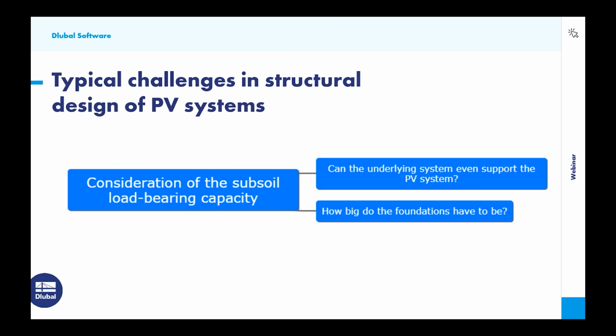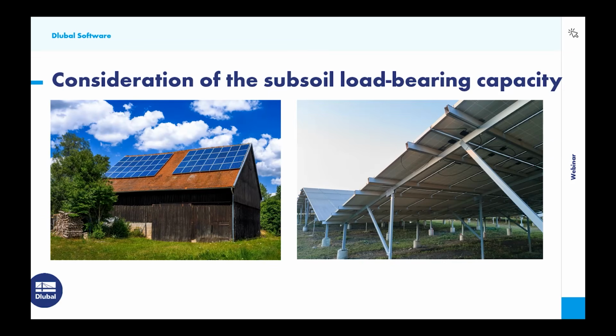Of course, these are only words now, but to give you a picture, I prepared these two pictures. You see on the left side our old farming house, and the people have installed a photovoltaic system on the roof.